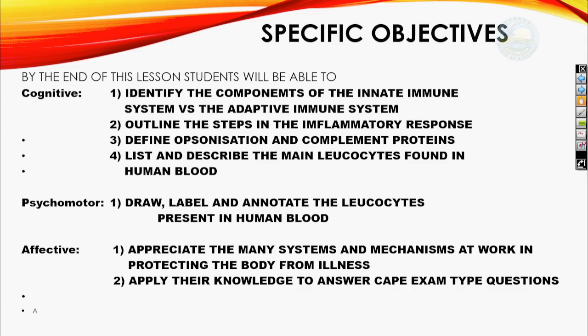We would also like you to be able to draw, label, and annotate the leukocytes present in human blood, and to appreciate the many systems and mechanisms at work in protecting the body from illness. Lastly, I would like you to be able to answer CAPE-type exam questions based on this topic.